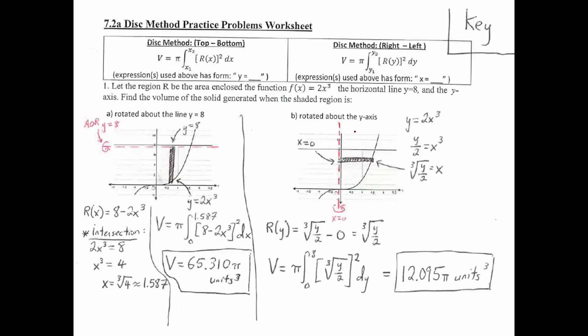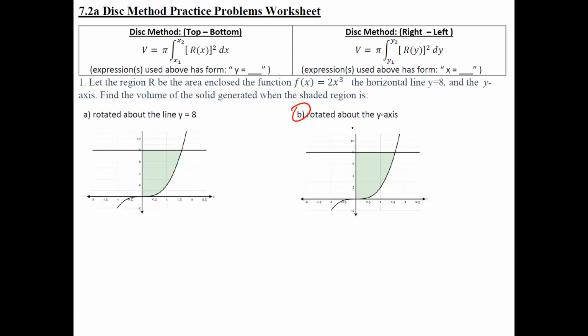Now, the y-axis is this axis right here. If I'm going to be rotating around this, I would have to have a horizontal rectangle disc that's going to be rotating around this axis, generating the discs or the circular disc that you're going to be adding together.